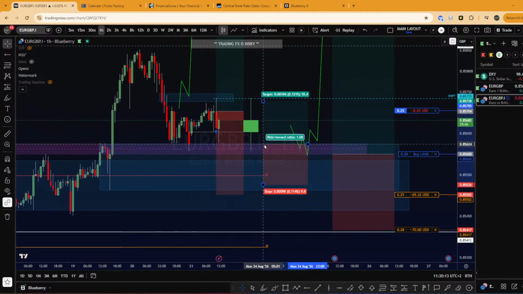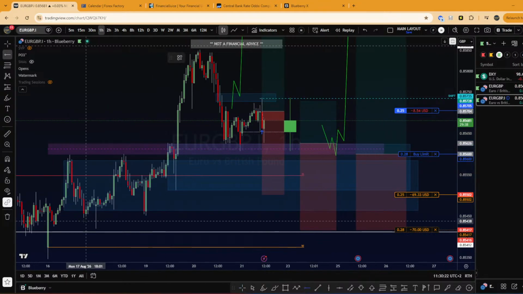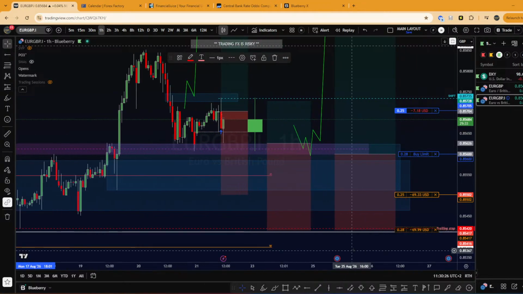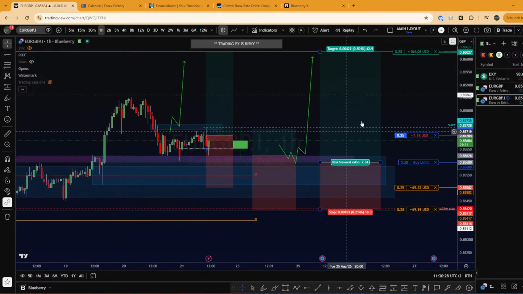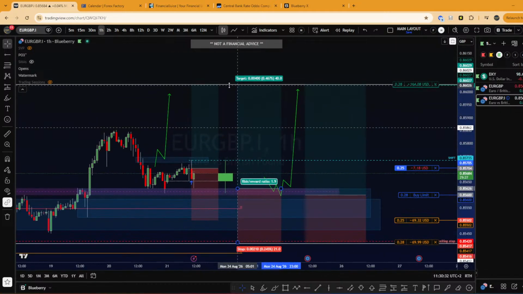Yes, somewhere here. Stop right there, just below this. Okay. A live stop loss is very important when we want to swing over the week here. So another entry here.